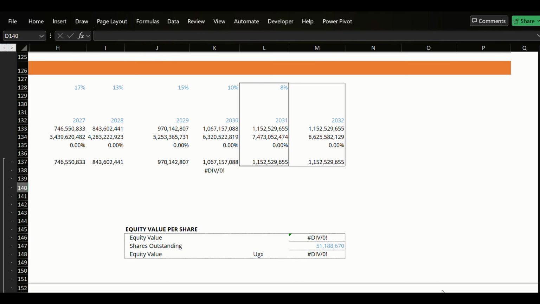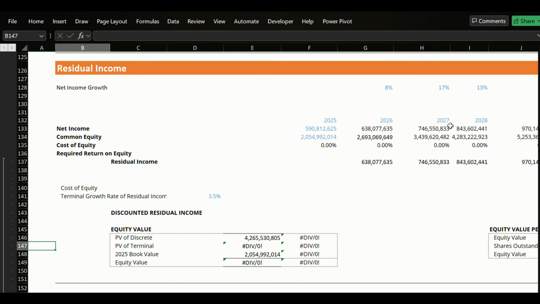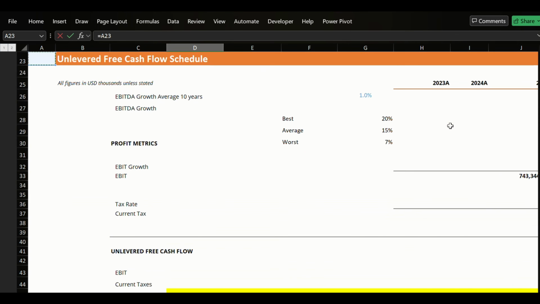I've just carried it here. That's perfect. In 2025 book value, just have to link them up. That is the 2025 book value. The cost of equity still has to be linked, so I could just link it back up here.